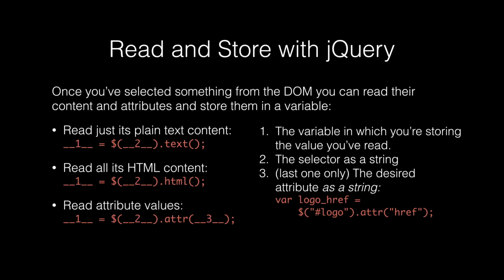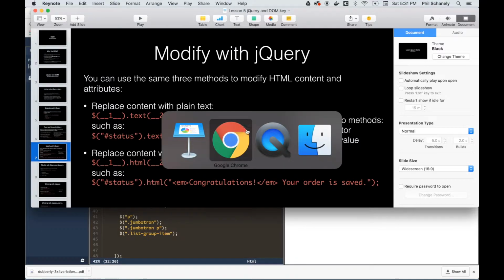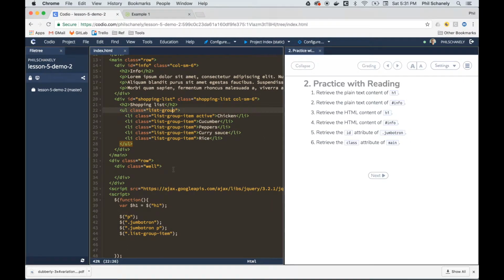So you can see the example on the far right there is that we're declaring the variable logo href, and we're assigning to it the jQuery selection for the thing with an ID of logo, and we're getting its href attribute. All right, see the pattern? Good. Let's go give these three options a try in our code.